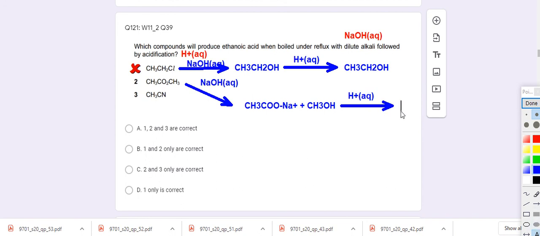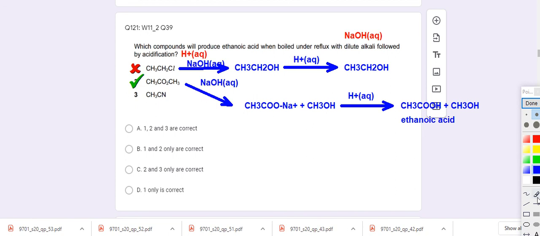So we get a carboxylic acid as the final product after acidification. Methanol is still methanol because alcohol will not react with acid. So we have CH3COOH, which is ethanoic acid. So yes, number 2, we get ethanoic acid. So let me put a tick.